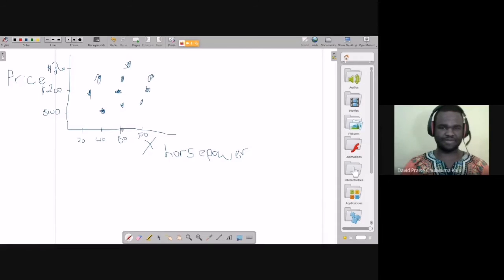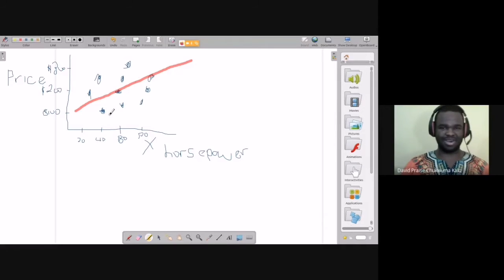For this car with 80 horsepower, the price is let's say $130, $35, not to scale. So now what we want to do is fit a line, and not just any line. We want to fit a good line. Let's say something like this.